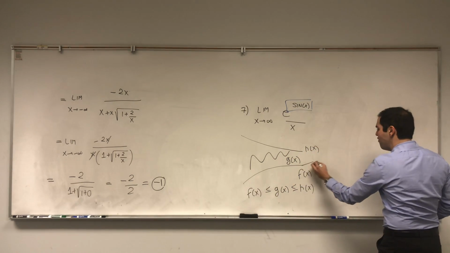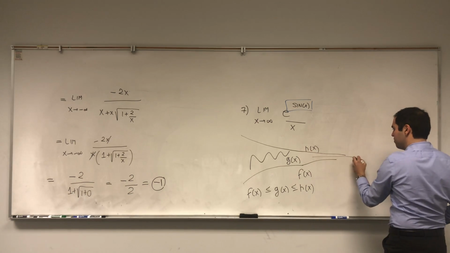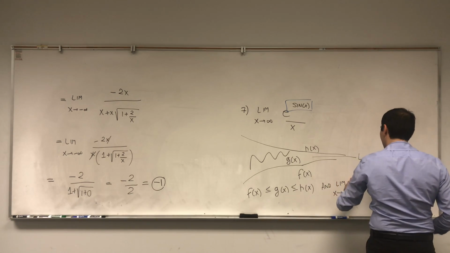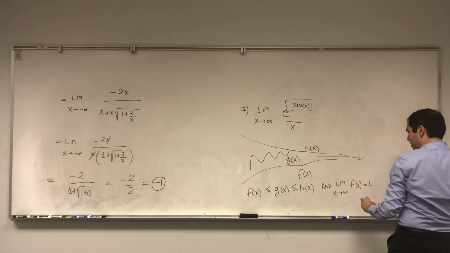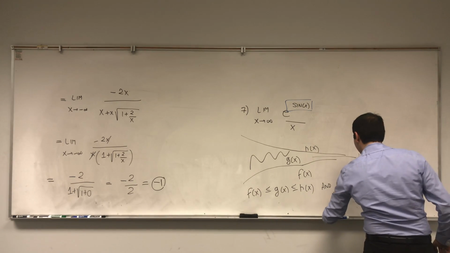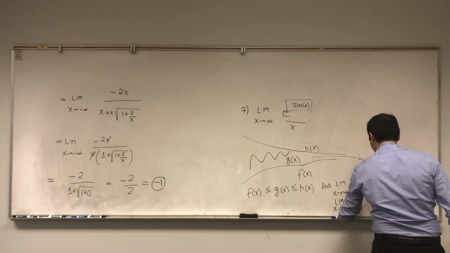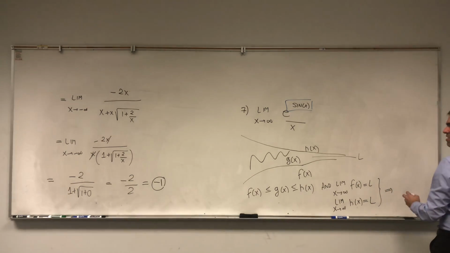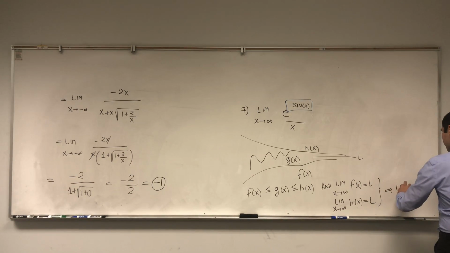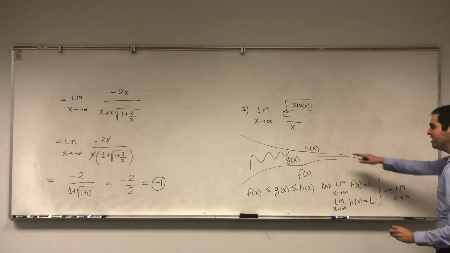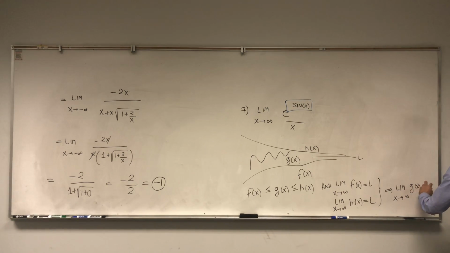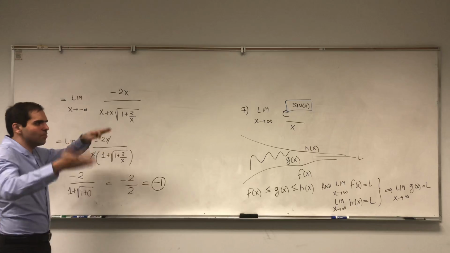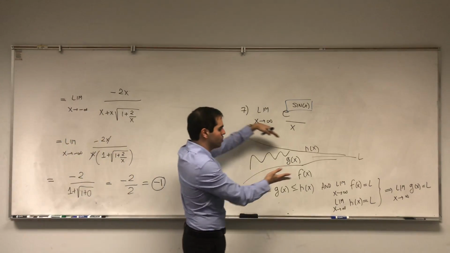and moreover, f and h, they go to L. So the limit as x goes to infinity of f of x equals L, again, finite limit, and the limit as x goes to infinity of h of x equals L. What this implies is that the limit as x goes to infinity of the middle function is also equal to L. Usually you would imagine g being some weird squiggly thing, but f and h are some nice functions.